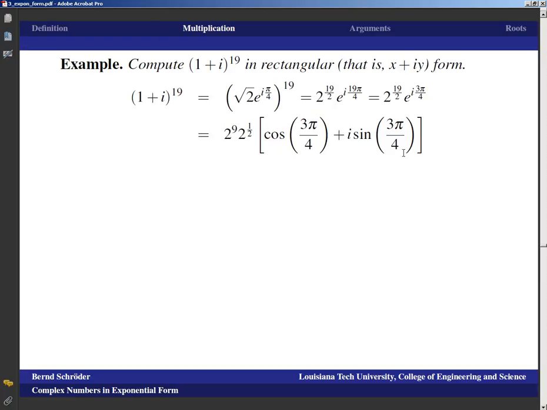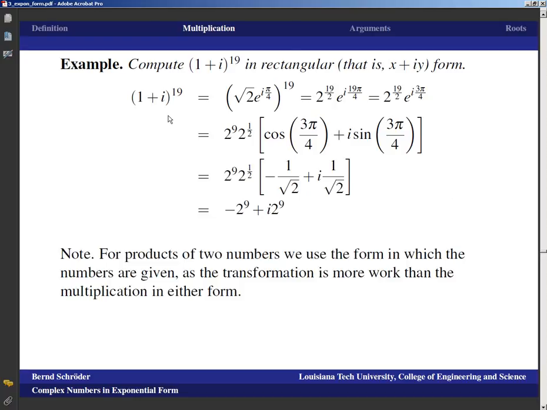So negative 1 over root 2 plus i over root 2 should be what we get back here. 2^9 times 2^(1/2) times negative 1 over root 2 plus i times 1 over root 2, and now the 2^(1/2) cancels. We end up with the result being negative 2^9 plus i times 2^9. That is a lot quicker than any attempt to multiply out these parentheses.